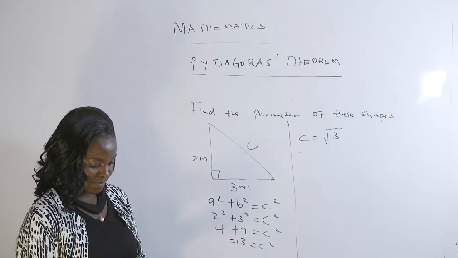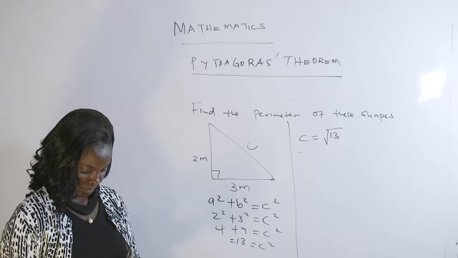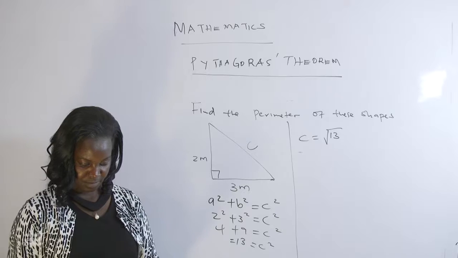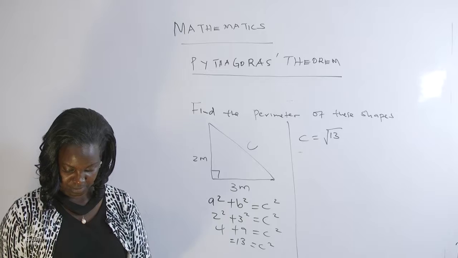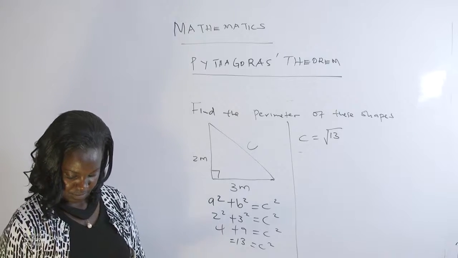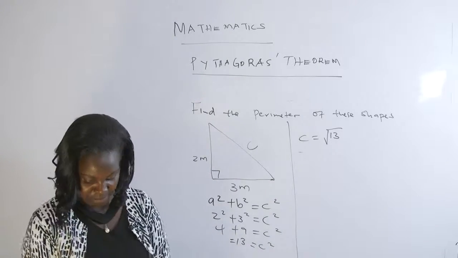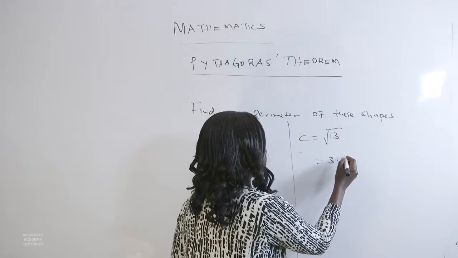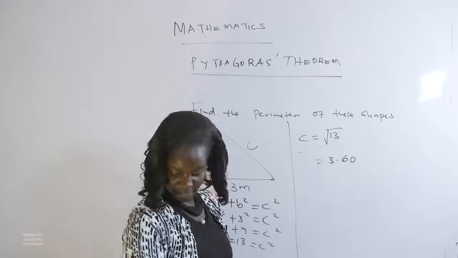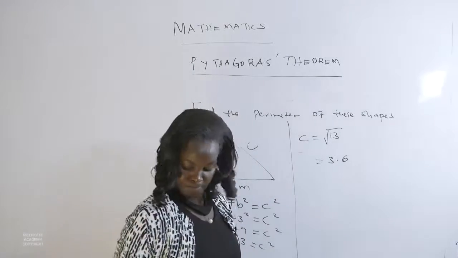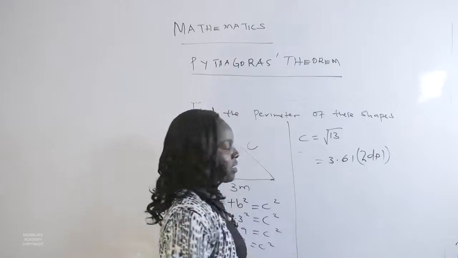The square root of 13 is another surd, which is 3.60 to 2 decimal places. 3.61.